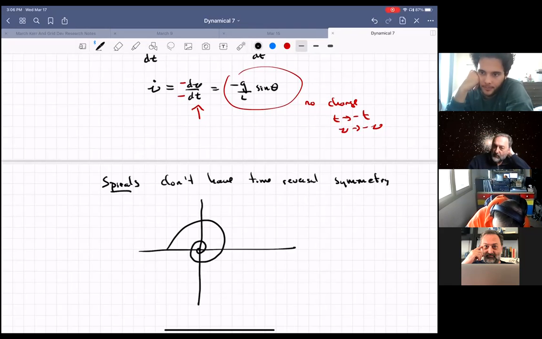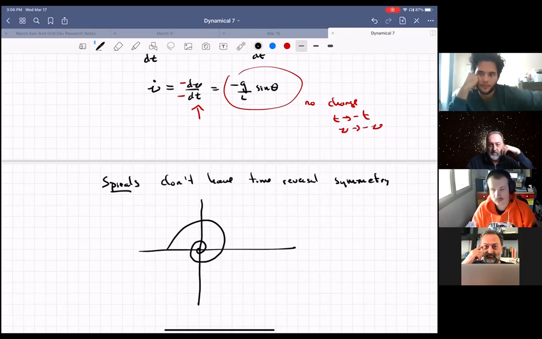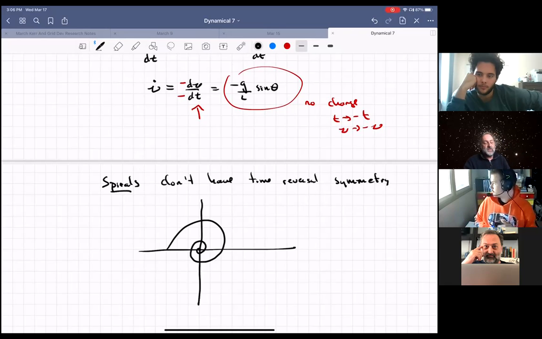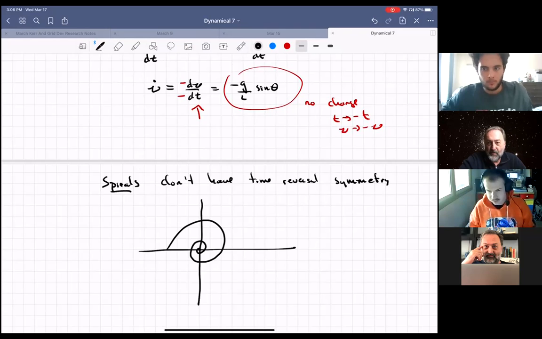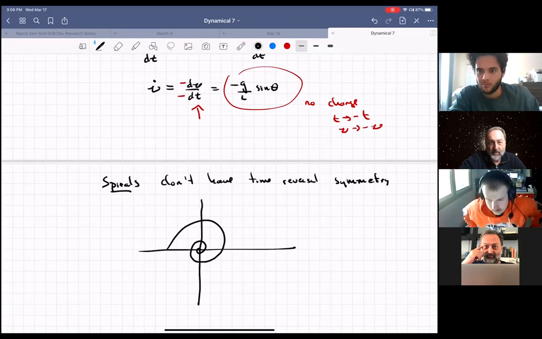Spirals don't have time reversal symmetry, whereas homoclinic orbits and centers can have time reversal symmetry. Saddles can have time reversal symmetry, so can nodes, potentially. They don't necessarily have to, but they could. But time reversal symmetry is a built-in feature of classical mechanics, of Hamiltonian dynamics. It's built into Hamiltonian dynamics, which is tied into everything else. All right, so we're going to stop.